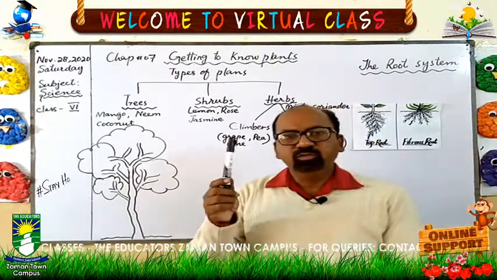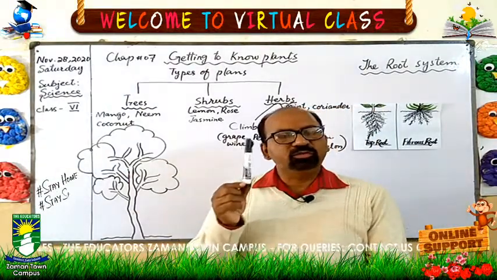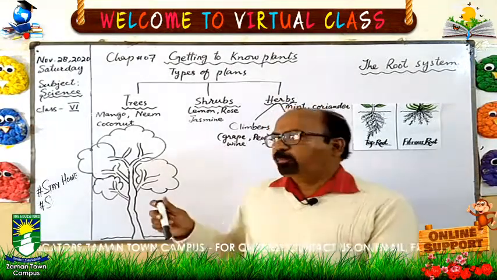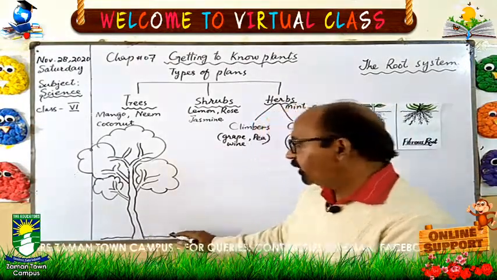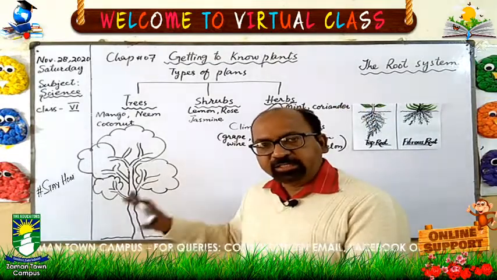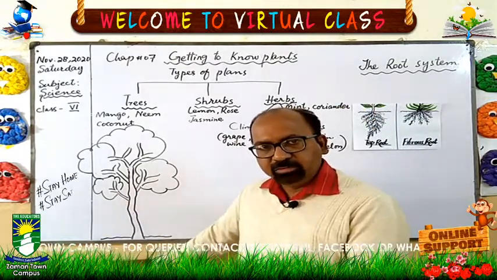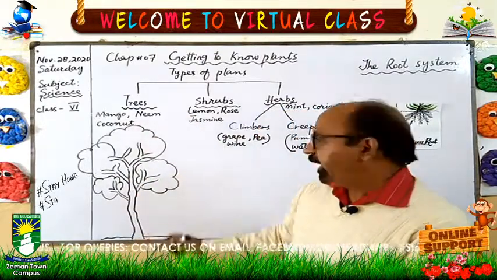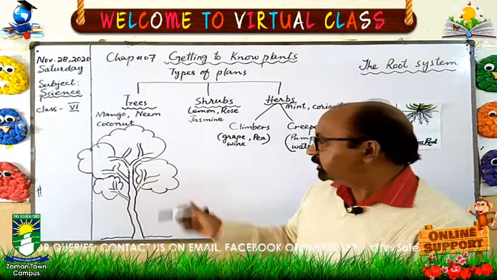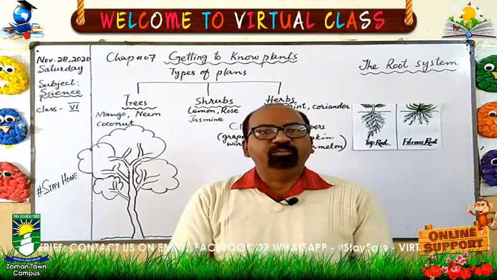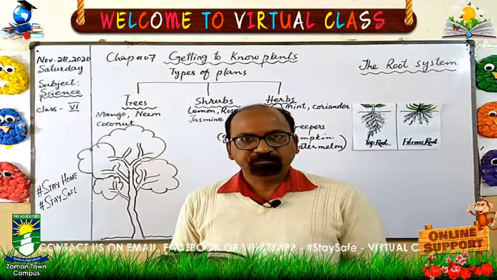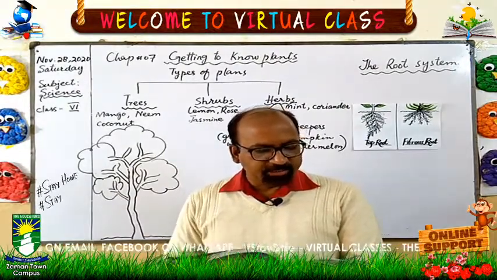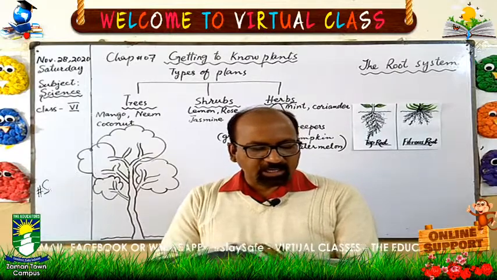Erect means to stay straight, like my board marker. So some of their part is present in the ground while the other is in the air, and they have long stems and many branches, shoots. So from your book, big plants are called trees.